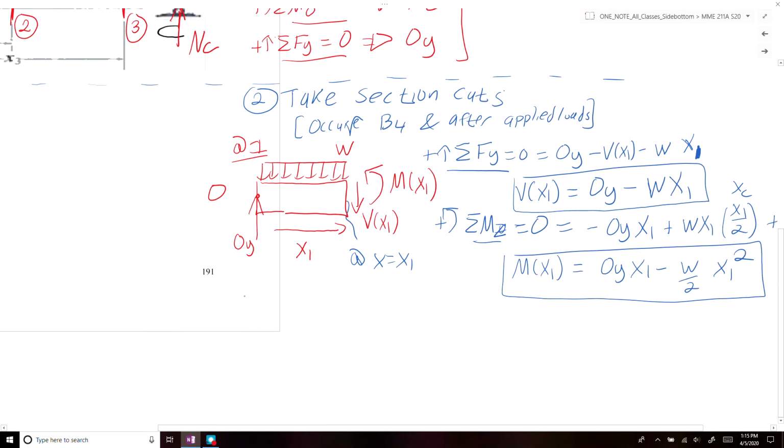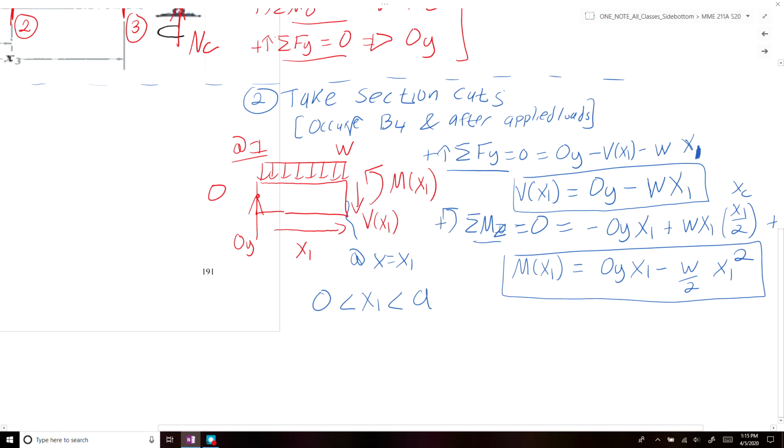So now we have these two functions, which are true where x1 occurs between when x is 0 and x is equal to a.